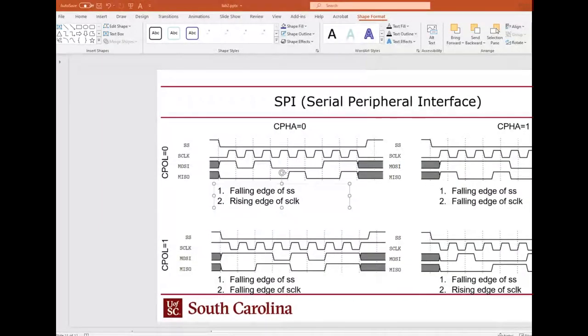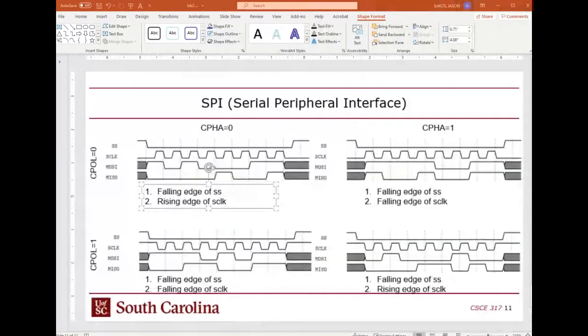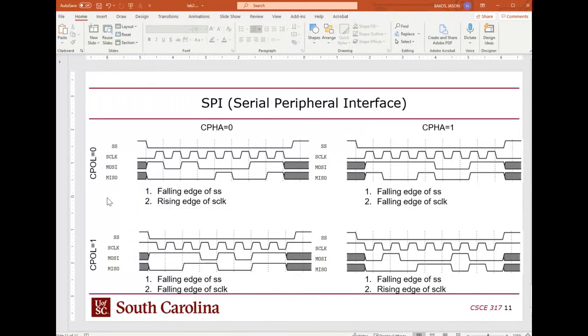Okay, there we go. So I've had some questions about Lab 2 with regard to the timing. I think the easiest way to handle the timing, in particular for part 3, where you have different CFA and CPOL values, is when you read CFA and CPOL at the beginning of your program, you can use the combination of the two to determine the sequence of things that you wait for each transaction.